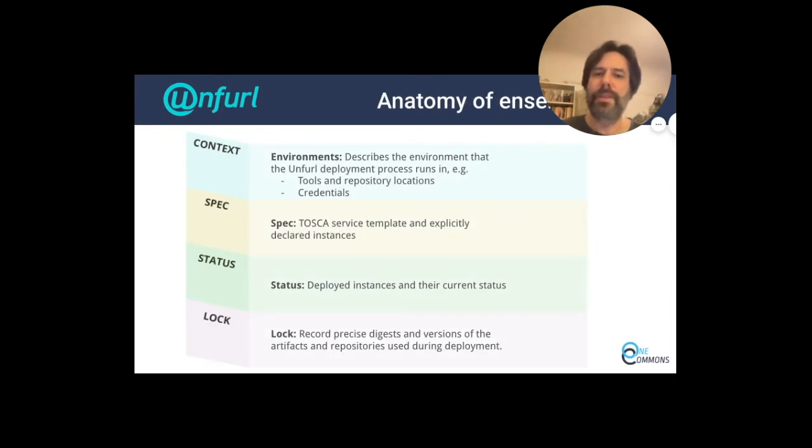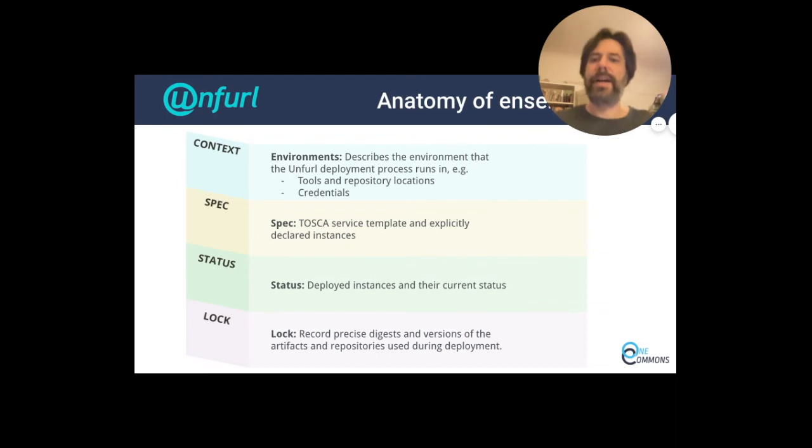And remember we edited that ensemble.yaml file, and that's the main thing where everything is stored, and it has different sections in the YAML that correspond to different aspects that we need to manage the deployments and the cloud in your cloud infrastructure.